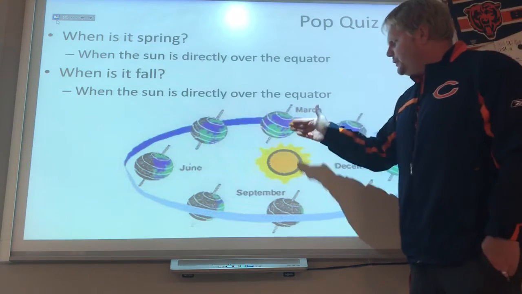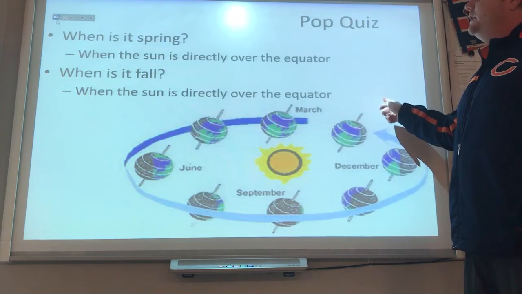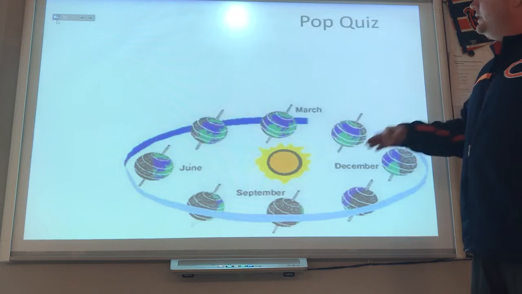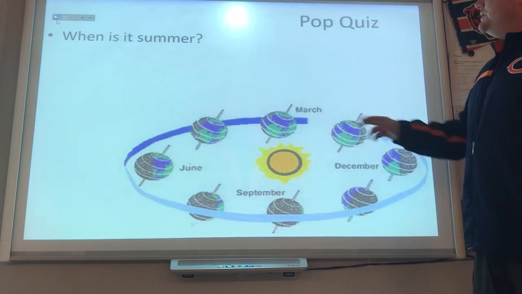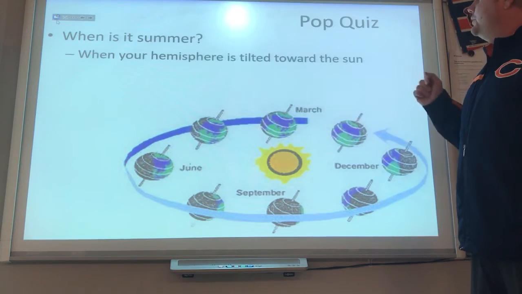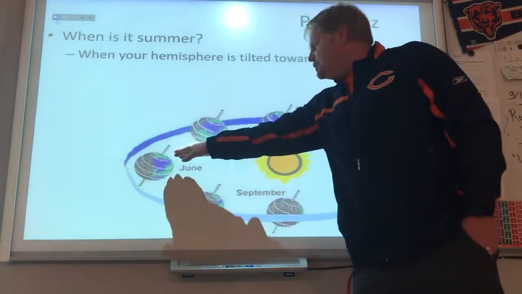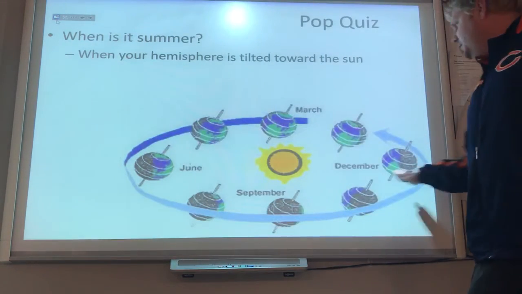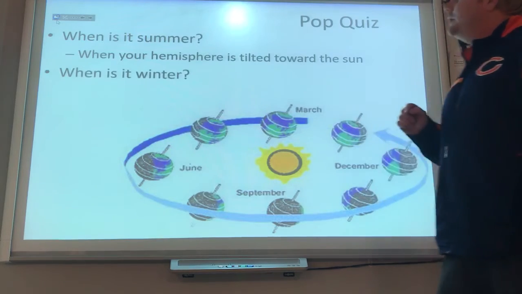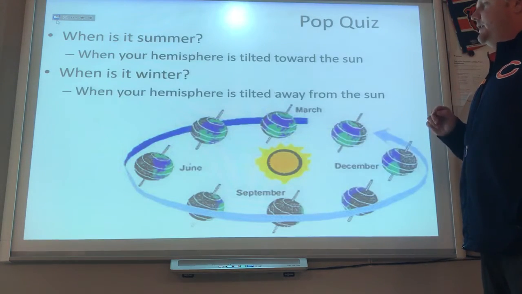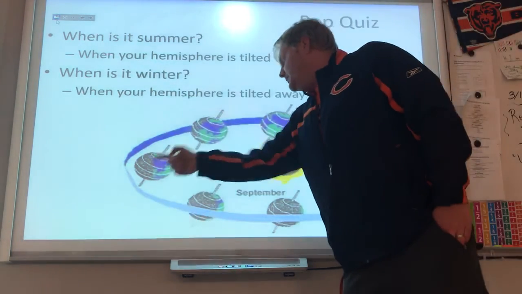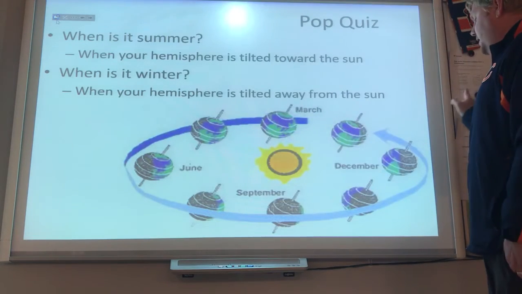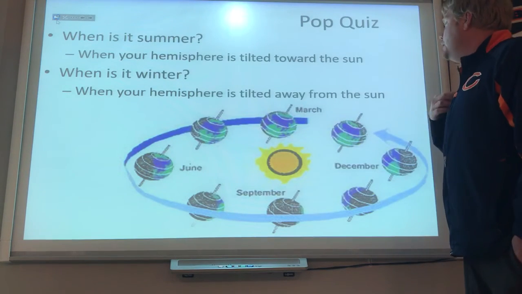It could be March or it could be September, depending on which hemisphere you're in. When is it summer? When your hemisphere is tilted toward the sun. For us, it's June, we're tilted toward the sun. For them, it's December, they're tilted towards the sun. When is it winter? Same thing. In June, it's winter for them, they're tilted away. December, it's winter for us, we're tilted away.